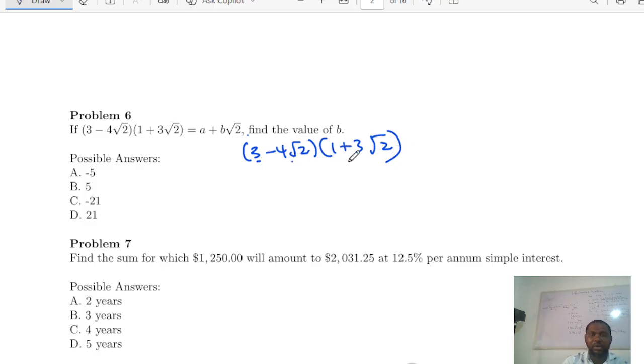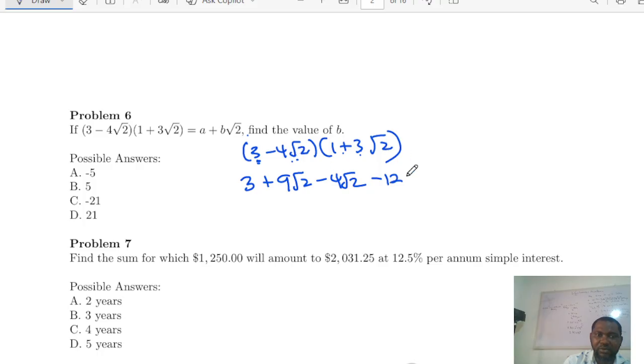So 3 times 1 is 3, plus 3 times 3 root 2 is 9 root 2. Minus 4 root 2 times 1 is minus 4 root 2. Minus 4 root 2 times 3 root 2: minus 4 times 3 is minus 12.